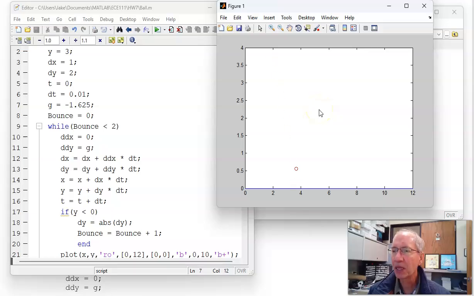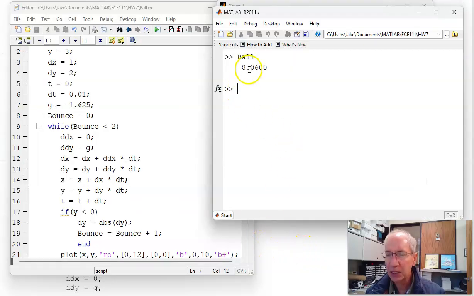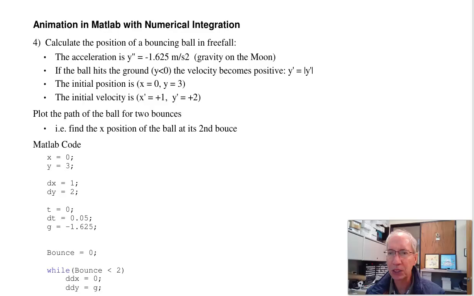Now notice that Matlab is not designed for animation, but Matlab actually does a really good job at animation. I'll stop on the second hit, and poof, there it is. Now what that did is that tells me that the second bounce is at 8.06.